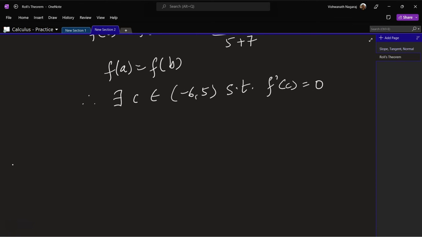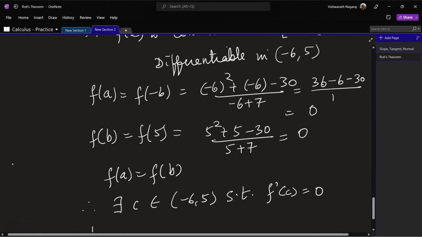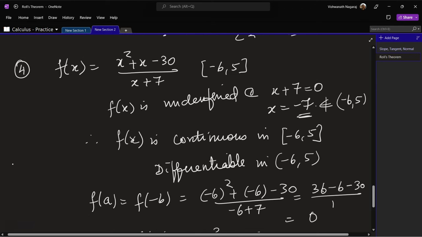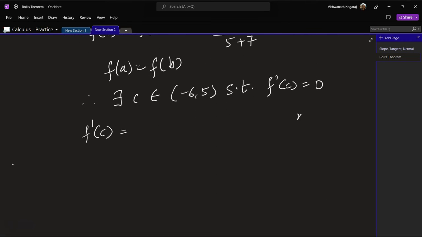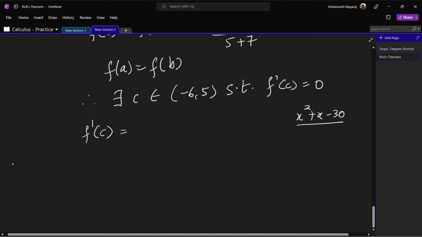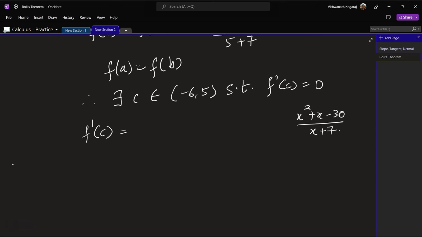Okay, which means we need to figure out f prime of c. So what is the function here? The function is x square plus x minus 30 by x plus 7. So instead of using x, let's use c.